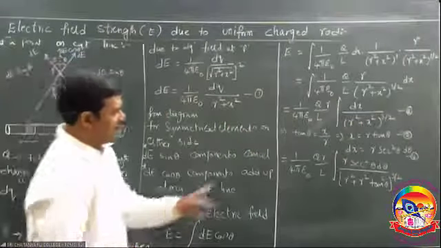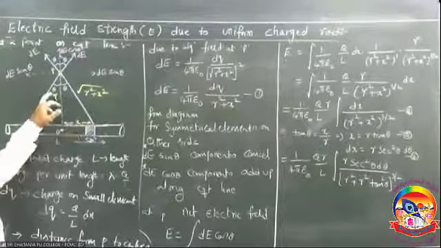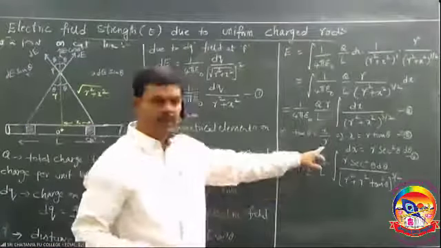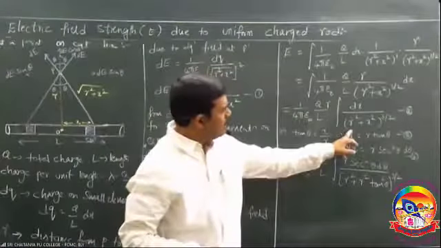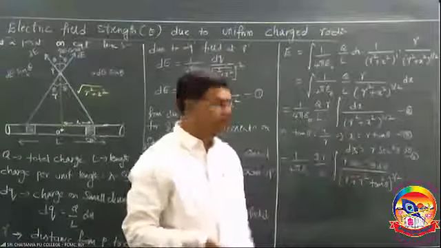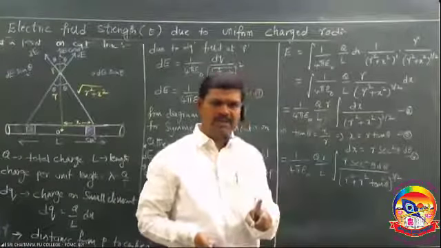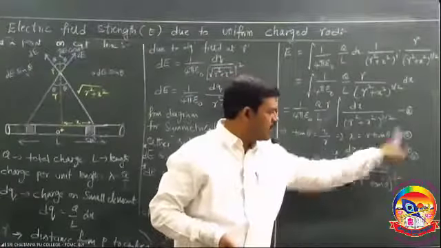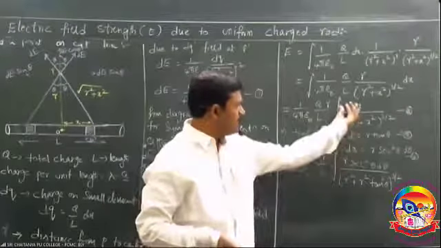Is this point clear? From the diagram, tan theta is equal to x by r, so x is equal to r tan theta. Then differentiate: dx is equal to r secant square theta d theta, since the derivative of tan theta is secant square theta. This is a formula, write it down. Substitute all these values in this equation.